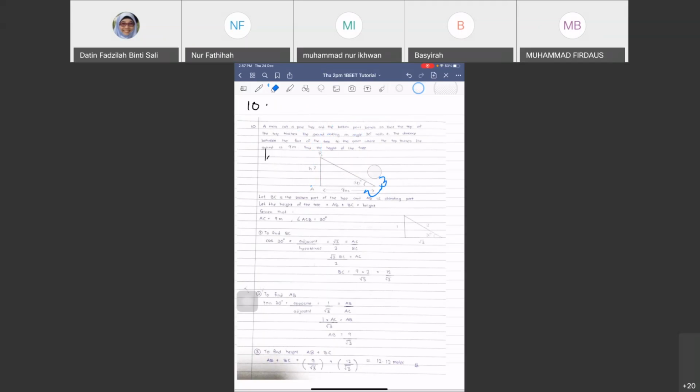So back to this triangle from Fatini here. This one your friend labeled as A, B, C. So the height of the tree is length of AB plus length of BC. So you have to find height is AB plus BC. So that's what you want.